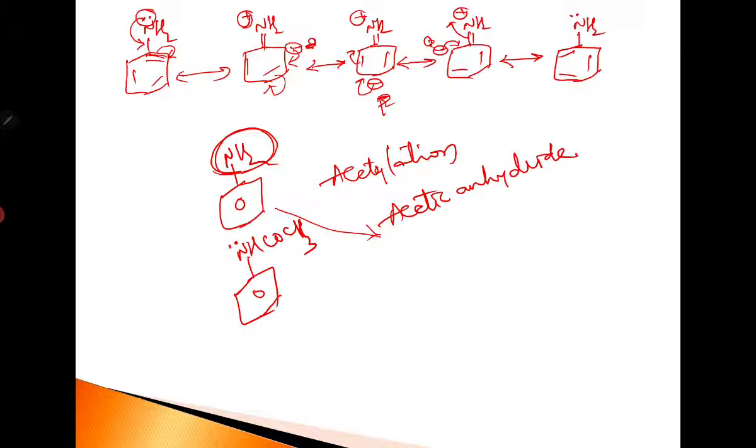Now the electrons present on the nitrogen atom are less available for donation to the benzene ring, because they will be in resonance with the C double bond O of this CO group. Therefore, the activating effect of this group will be less than that of the amine group.